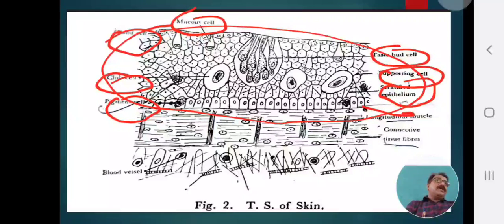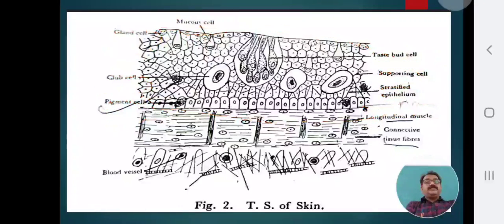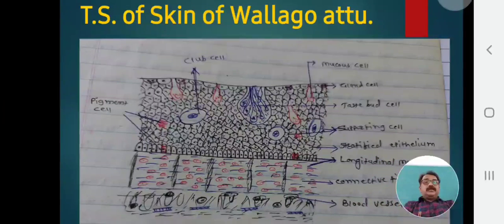It is a complex sheet of tissue made up of epidermis, dermis, and subcutis, which we have observed in this figure drawn by hand.